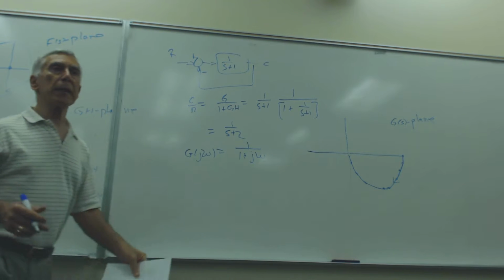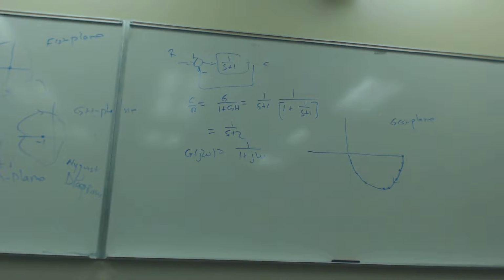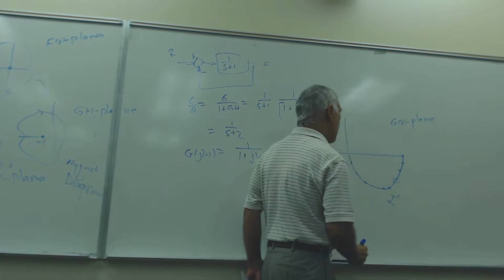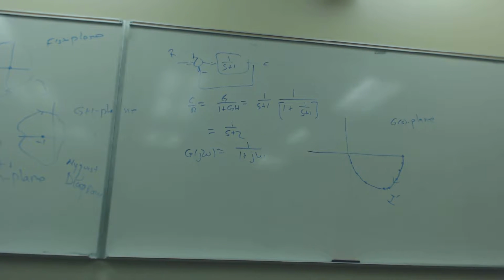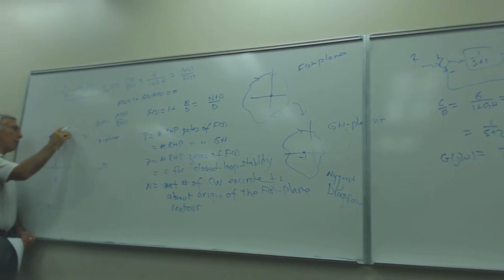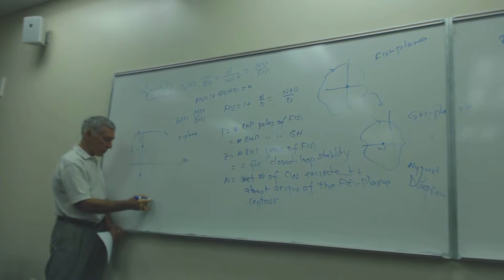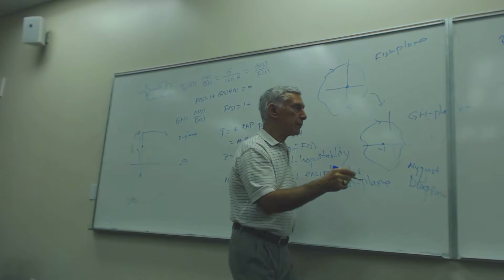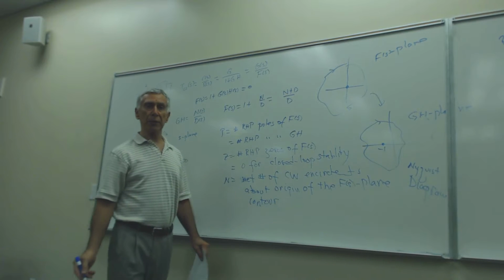Now what we've done is map this section here, call it section 1, into the plane of the open loop transfer function. You can call this section 1 prime. Then we have to consider points on this infinite radius quarter circle. The reason I say a quarter circle is that just as the points above the real axis are complex conjugates of the points below the real axis, the points you would get there will likewise be complex conjugates.